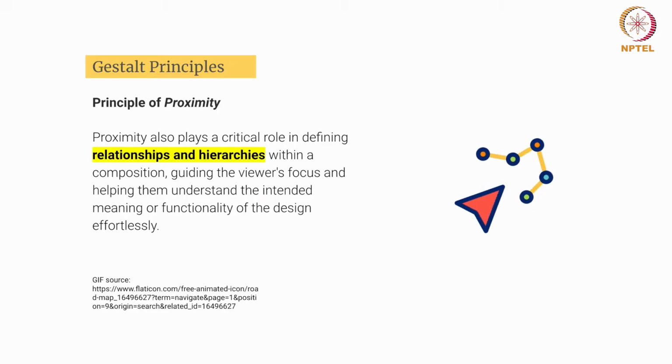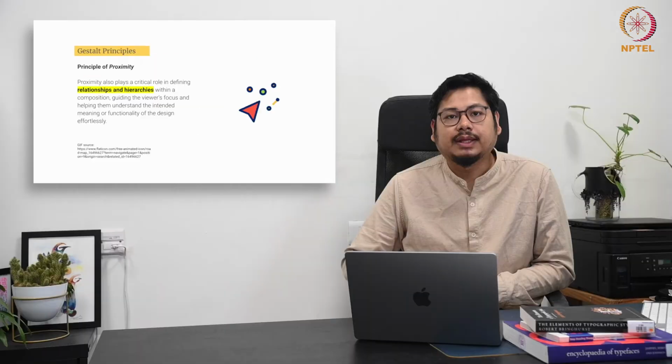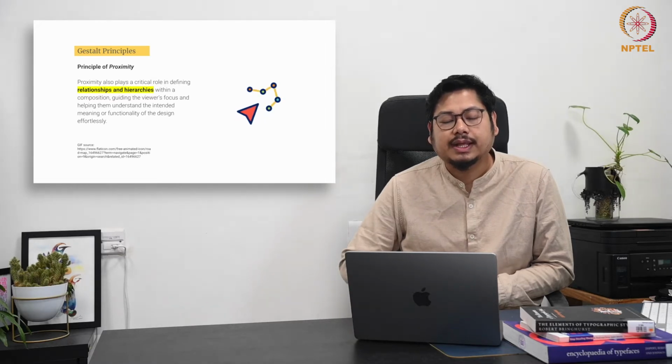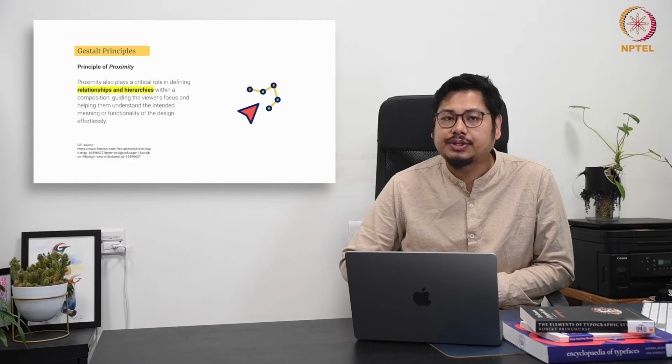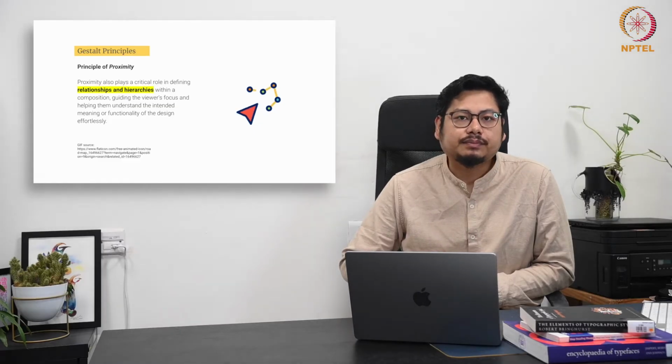So proximity plays an important role in defining relationships and hierarchies within a composition, guiding the viewer's focus and helping them understand the intent, meaning, or functionality of a design effortlessly. This is a very important segment we are discussing: how, using proximity, you are also trying to create some kind of visual relationship in the overall composition.